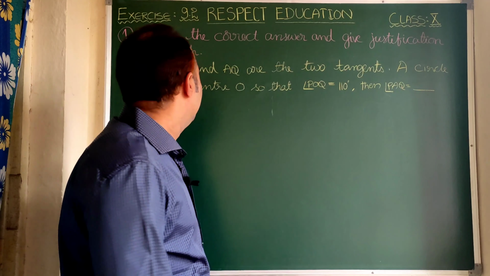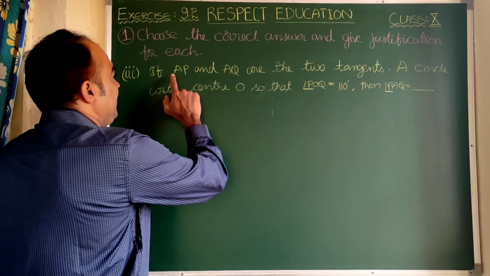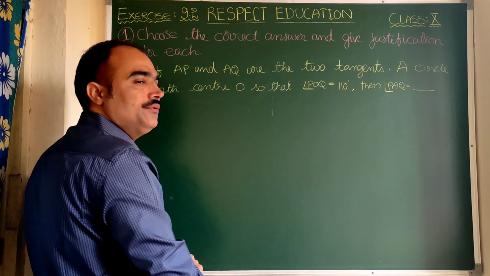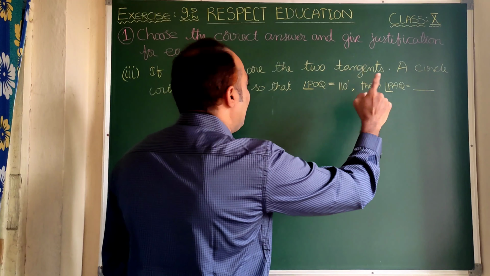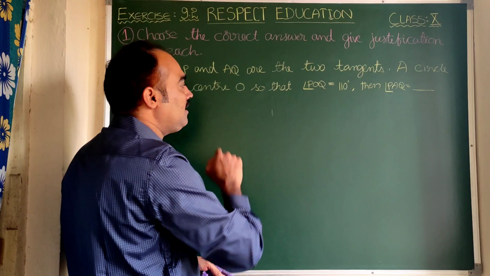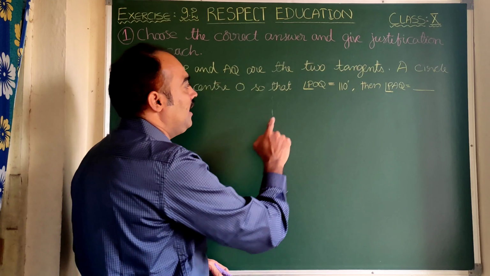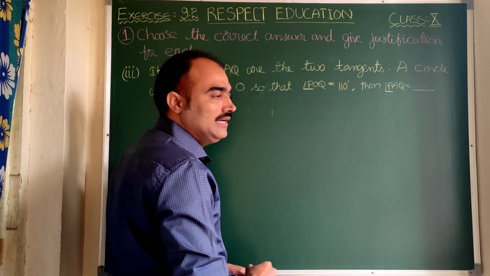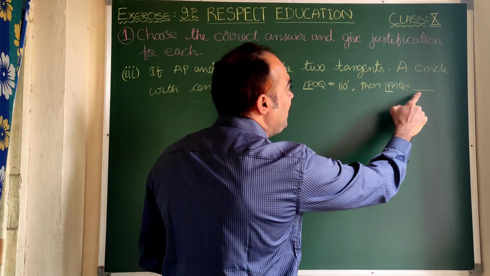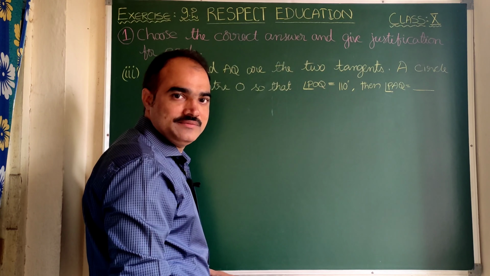Now let us see third bit. If AP and AQ are the two tangents to a circle with center O, so that angle POQ is equal to 110 degrees, then angle PAQ is equal to dash.